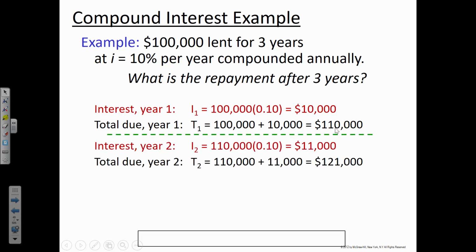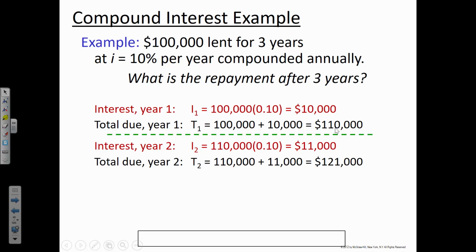Easy enough. The second year, the interest amount is now based on the previous balance of 110. So this is what we did in class on Tuesday, except on Tuesday we had the added difficulty that each year we were taking a little bit more from the bank. So there was some cumulative balance and then a new withdrawal.